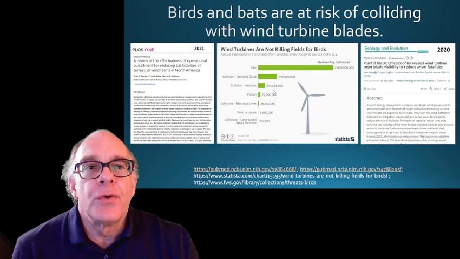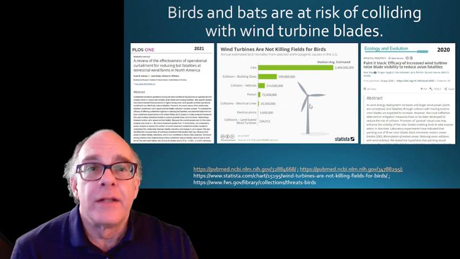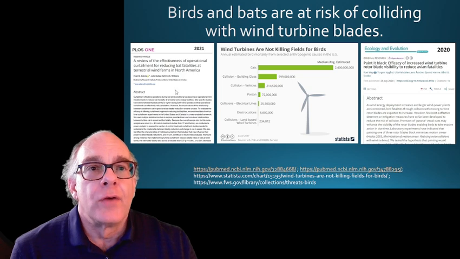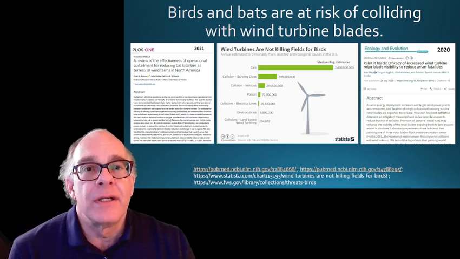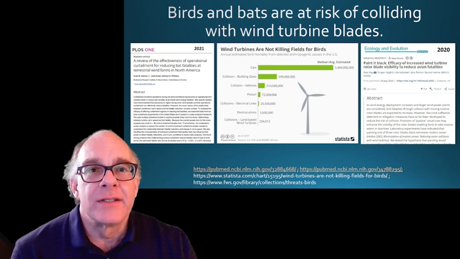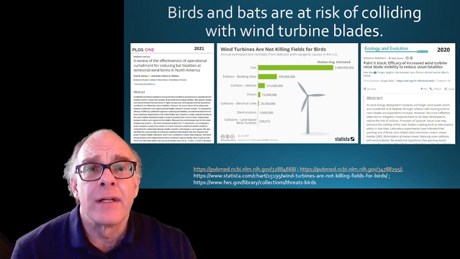In an effort to minimize the risk of this, there have been a variety of scientific studies done. In the first one, we take a look at an example on bats. What they recognized in this study is that bats tended to be flying around more when the wind was low. So they set these wind turbines so that if there were low wind speeds, they would not allow the blades to start spinning at these lower wind speeds.